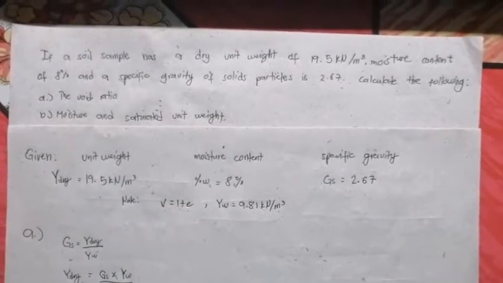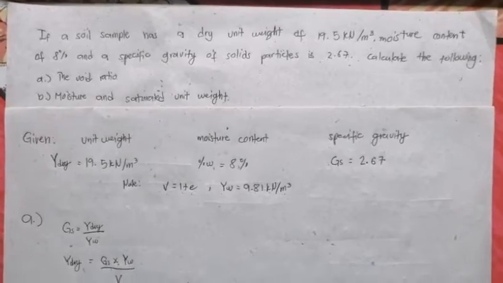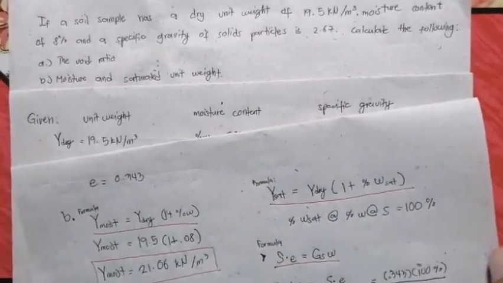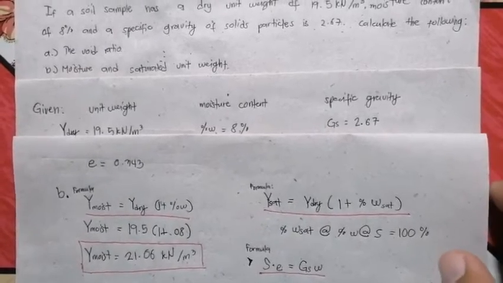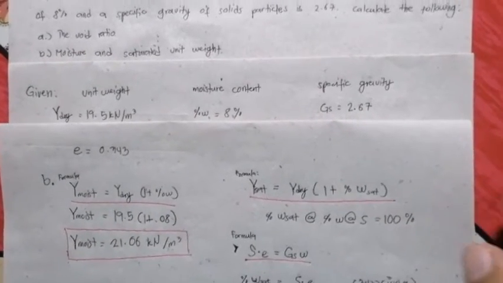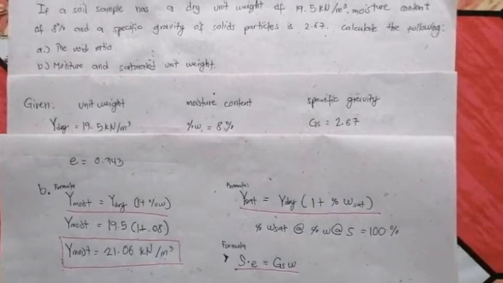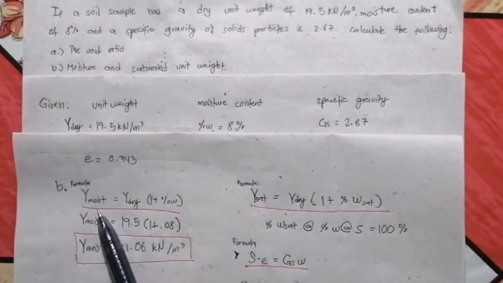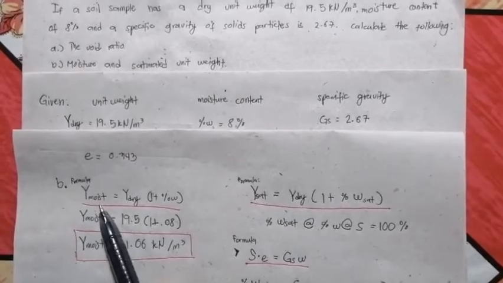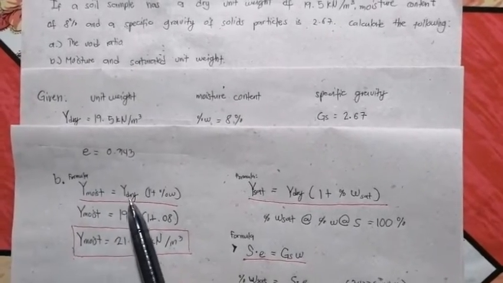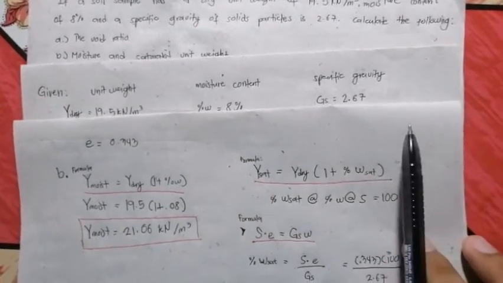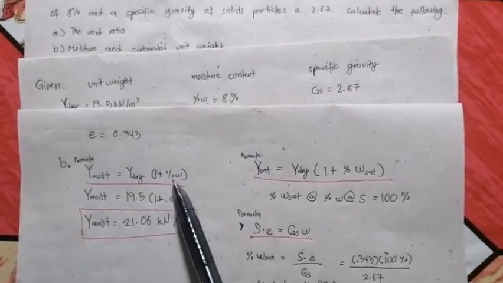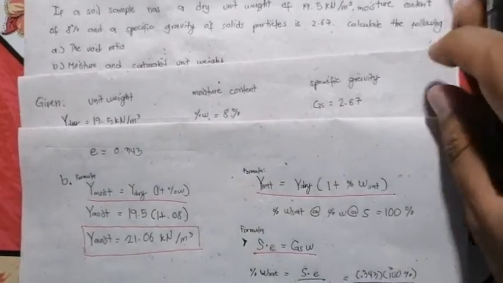Ngayon sa letter B naman tayo, which is the moist and saturated unit weight. Nakuha na natin po yung A, which is 0.343. So, mayroong formula, which is the unit weight of the moist is equals to the unit weight of the dry times 1 plus the moisture content.